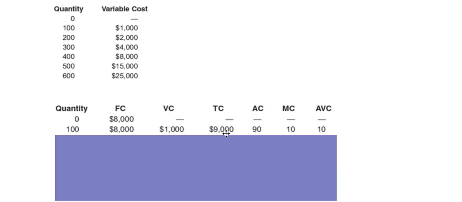Your total cost is going to be your fixed cost plus your variable cost. And your average cost is just going to be that total cost divided by the quantity to get your average cost per unit. And then the only one that's kind of tricky here is the marginal cost.